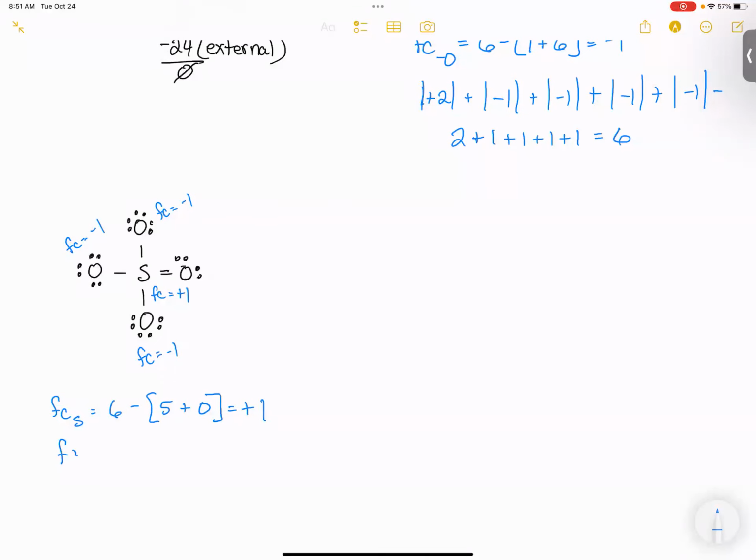And our formal charge on our double bonded oxygen, it has 6 valence electrons, -1 for every bond. It has 2 bonds, +1 for every dot. It has 4. So we made that one into a formal charge equal to 0.